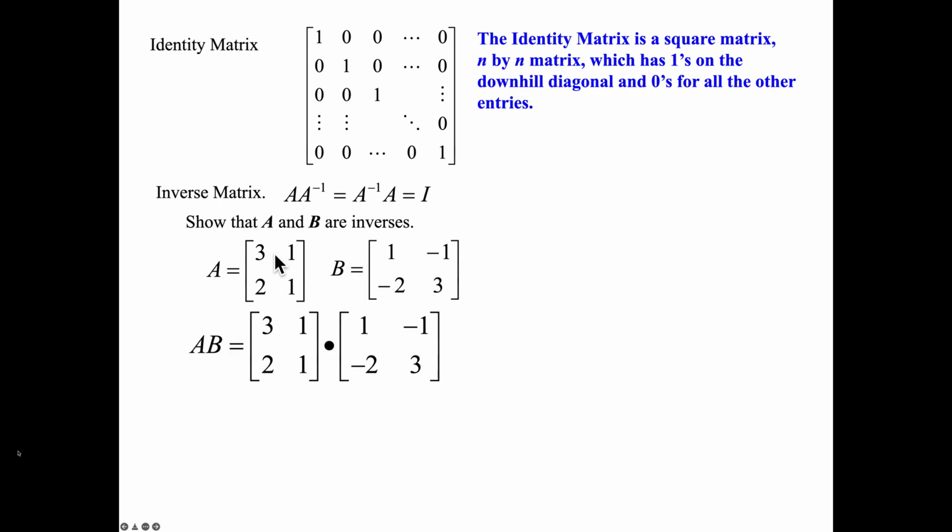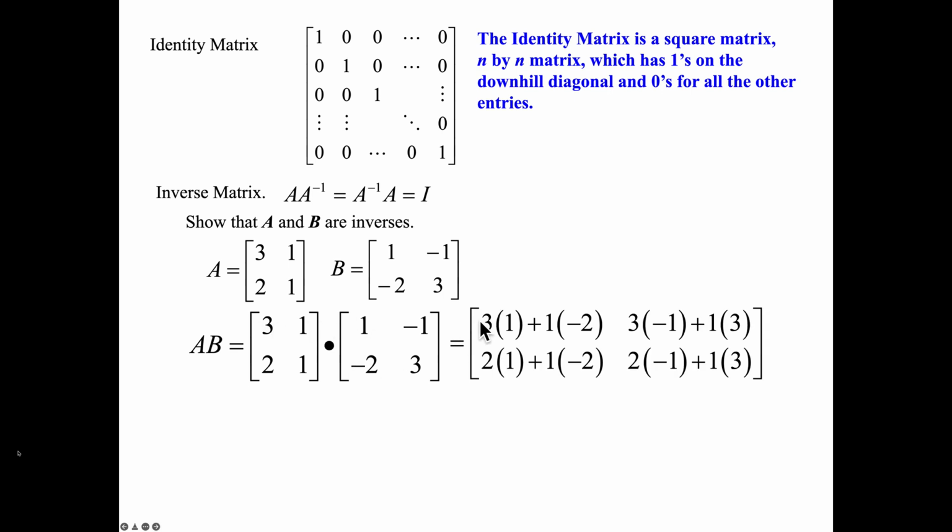So 3, 1, 2, 1 times 1, negative 1, negative 2, 3. Multiply together. 3 times 1, row 1 times column 1. 3 times 1, 1 times negative 2. Copy down the 1, copy down the negative 2. 3 times negative 1, 1 times 3. There's the negative 1 and 3.